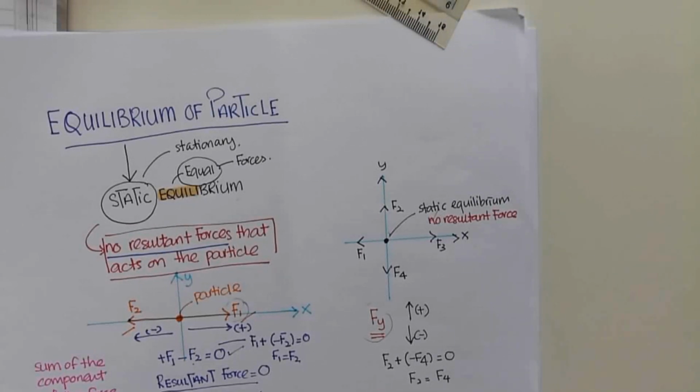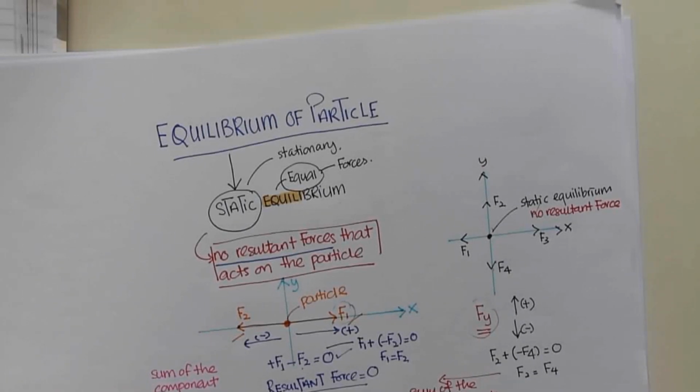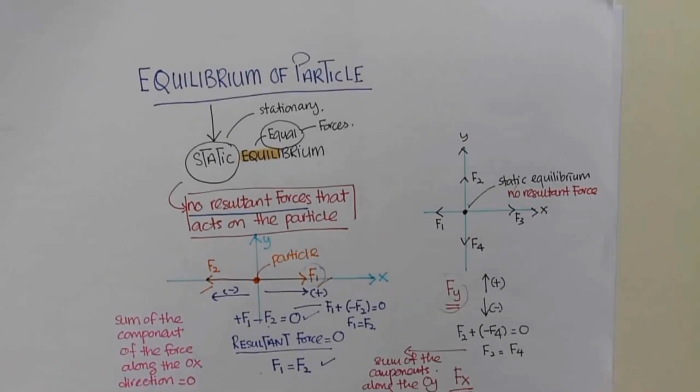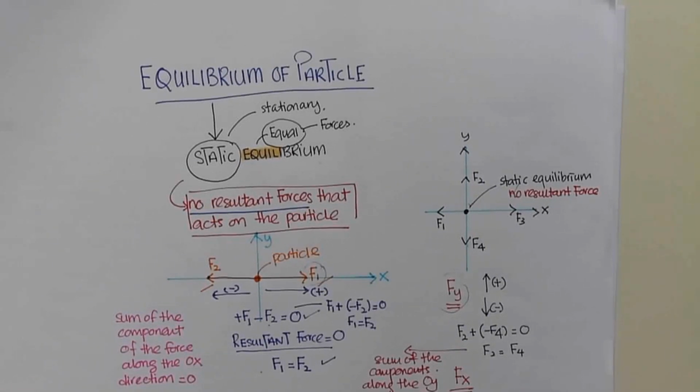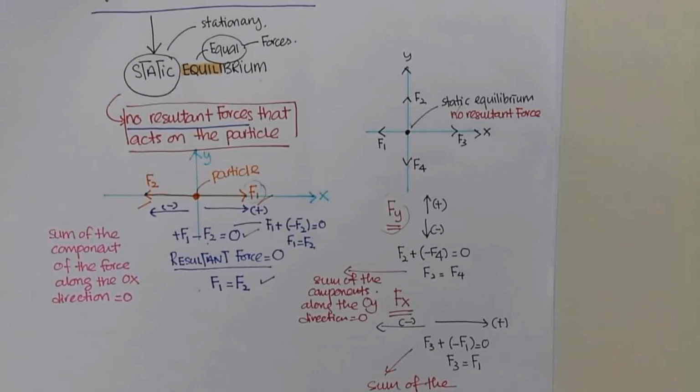So I can make a conclusion that the sum of the components along the OY direction is 0. I can also make a conclusion here: the sum of the components along the OX direction is 0.